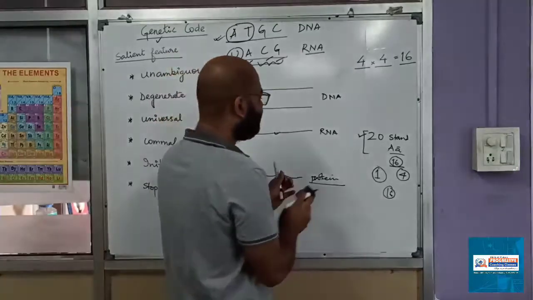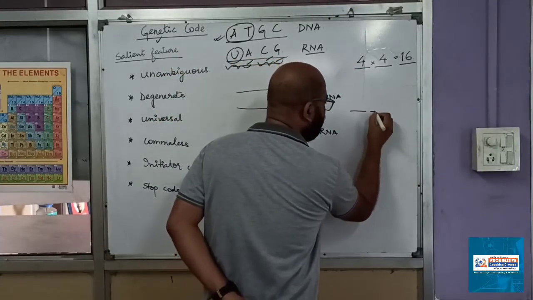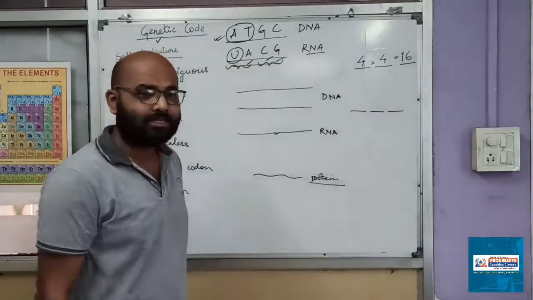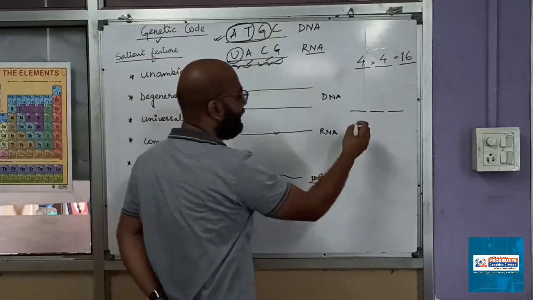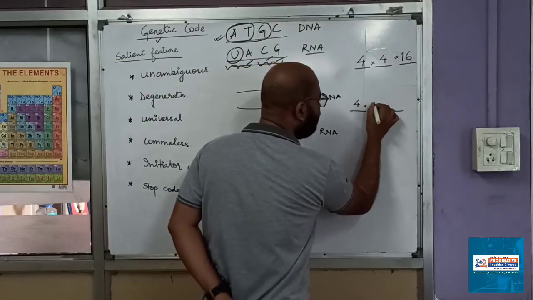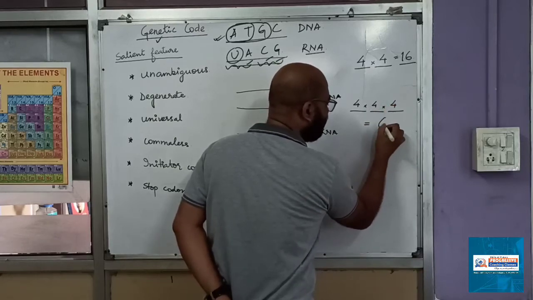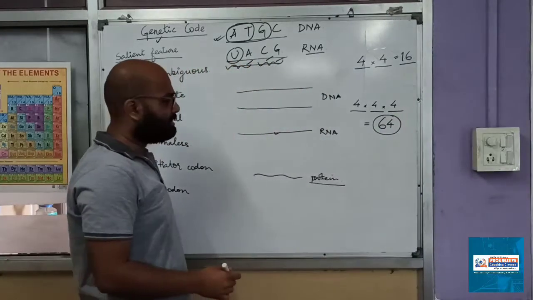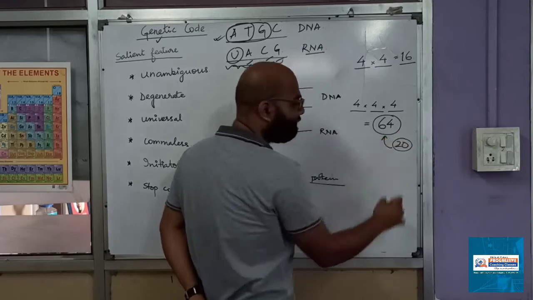So what the scientists finally did was take 3 nucleotides to represent 1 amino acid, and when this was done, they saw that we can represent 64 codes, which is much more than 20. This is enough.